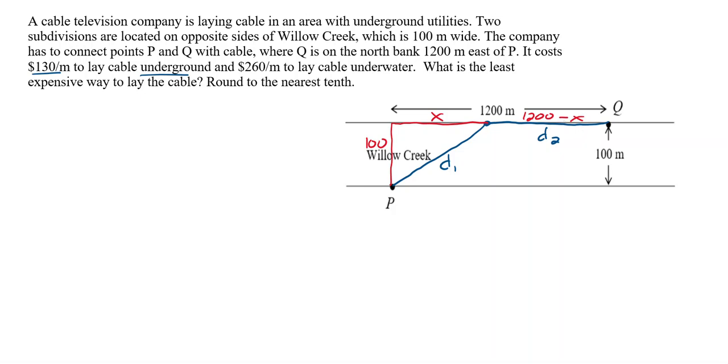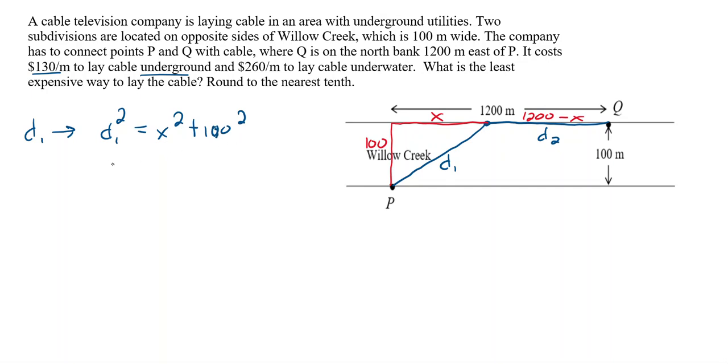So now let's find an expression for D1 based on X and 100 here. Just using the Pythagorean theorem, we can solve for D1. D1 squared is equal to X squared plus 100 squared.